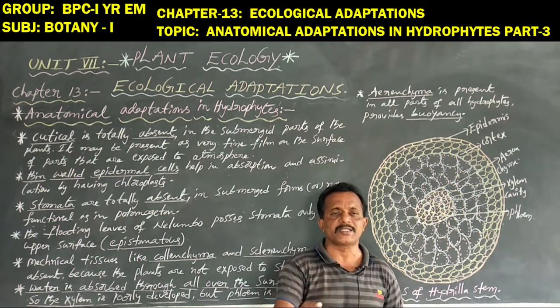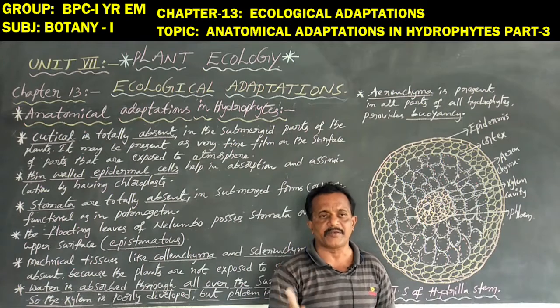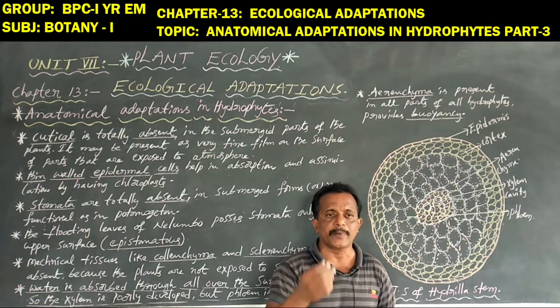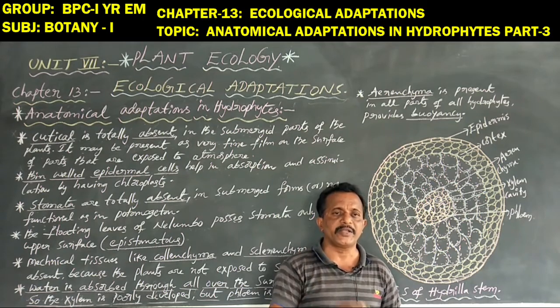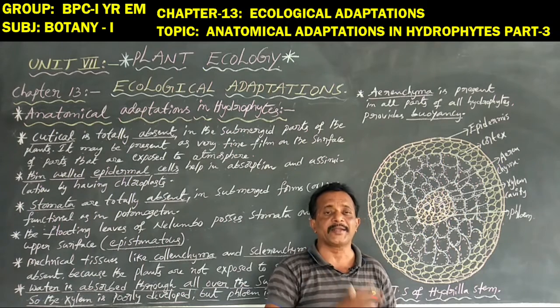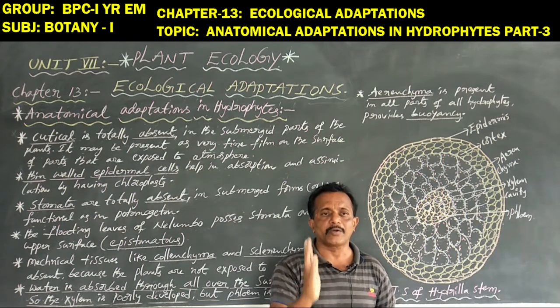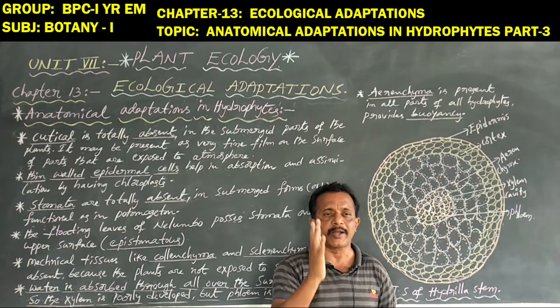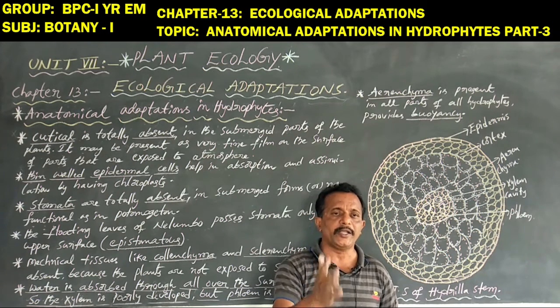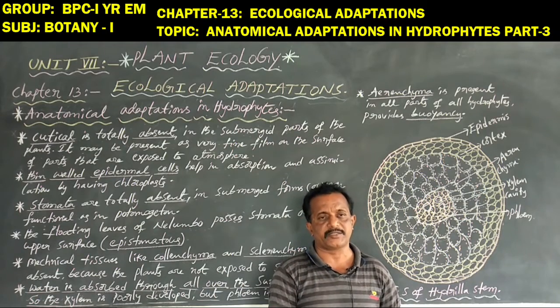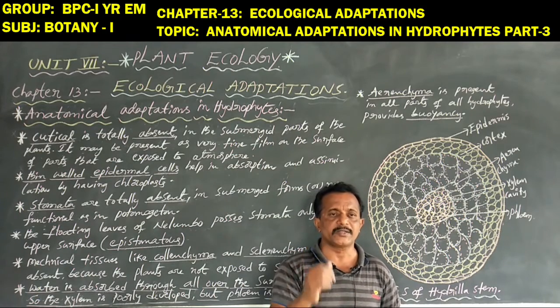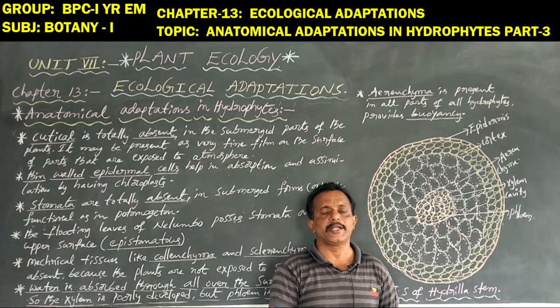So in all aquatic plants like Hydrilla, Vallisneria, Pistia, Limnophila and Utricularia, the plant body is very soft and delicate. Why? Because the plant body is made up of parenchyma. In all aquatic plants, the plant body is totally made up of parenchyma in the early stage and the mature stage, so it is always soft and delicate.